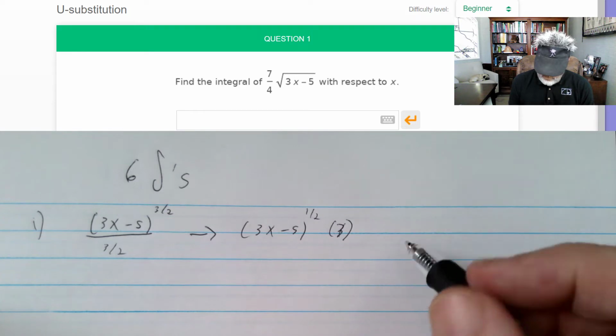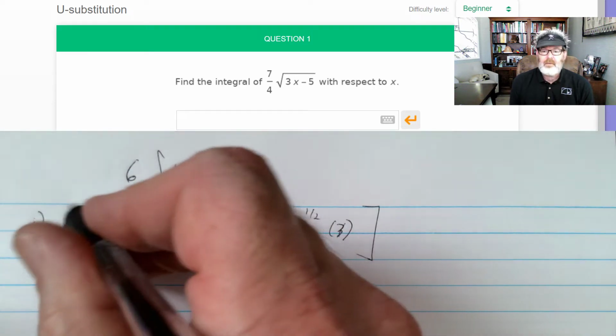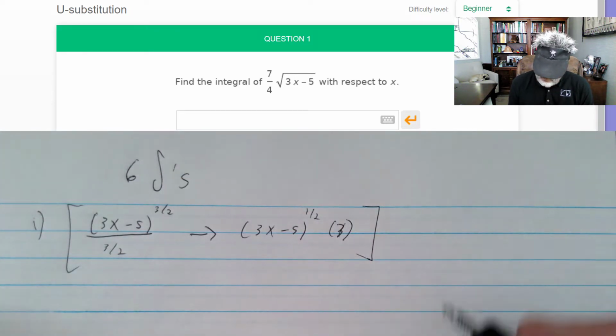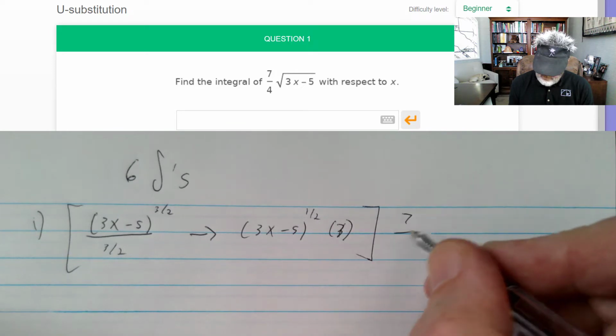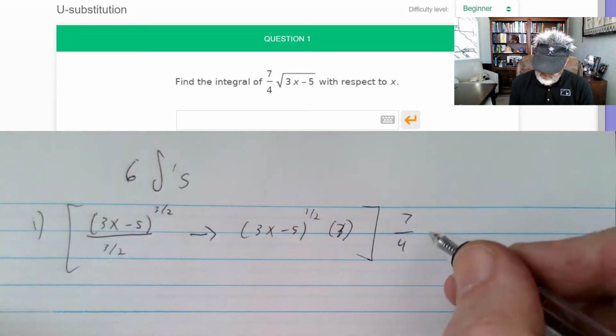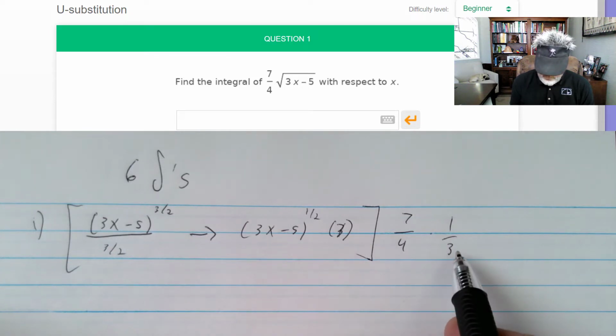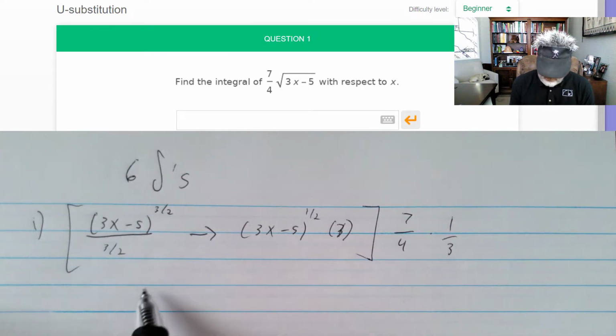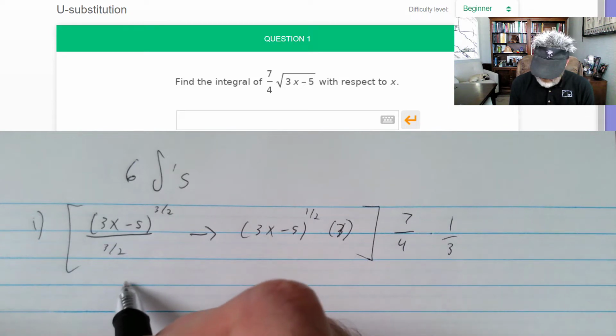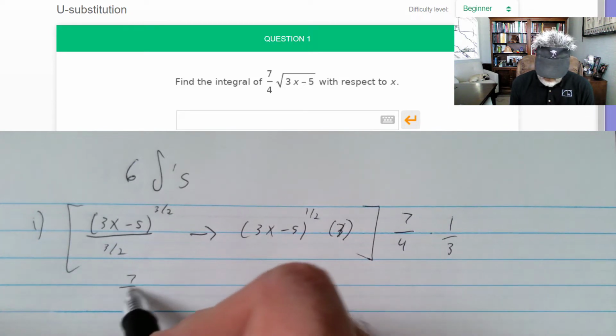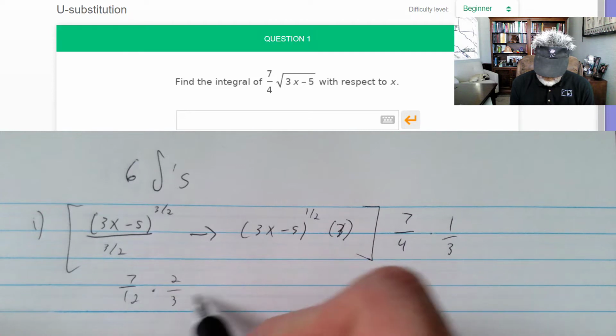Now what I want is 7/4. So I'll have to multiply by 7/4, and I have to get rid of that 3, so times 1/3. So if I distribute that through, I'll do it in 2 steps here. It's 7 over 12 times 2/3.